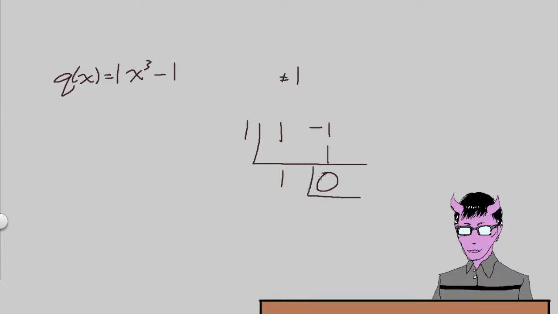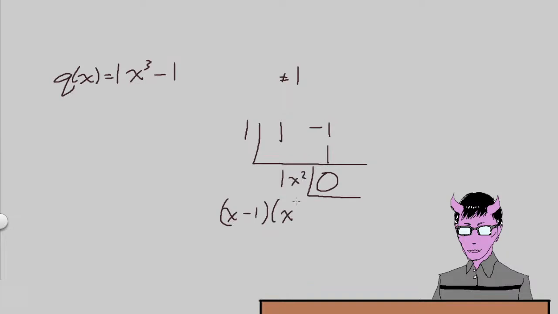So we get a remainder of 0, which means that this one is a 0, which means x minus 1 is a factor. And remember what this is. This is the leftover. This is the quotient, right? So we start off with an x cubed. So therefore, this should be x squared with nothing else, right?